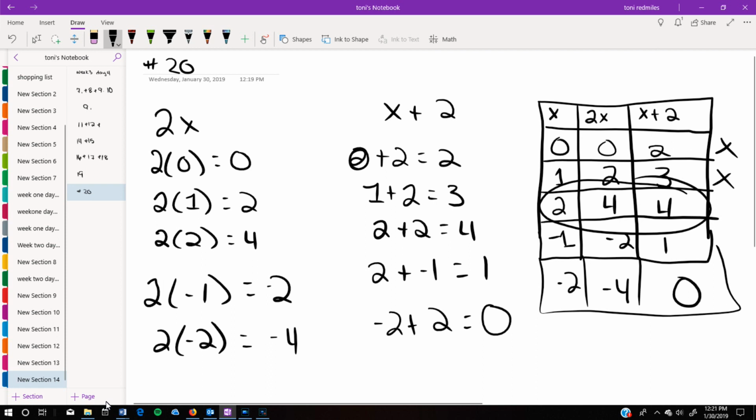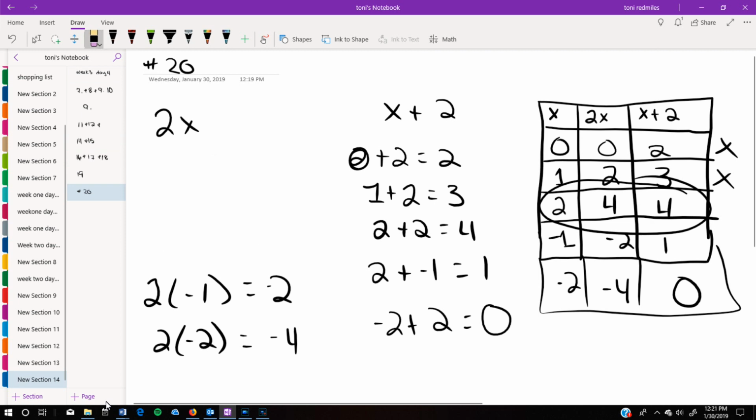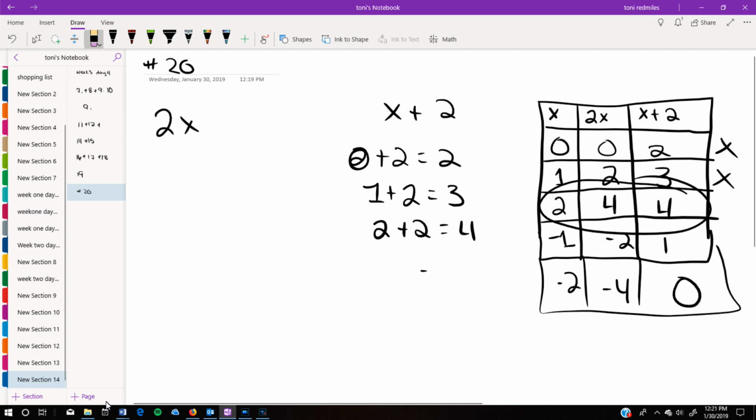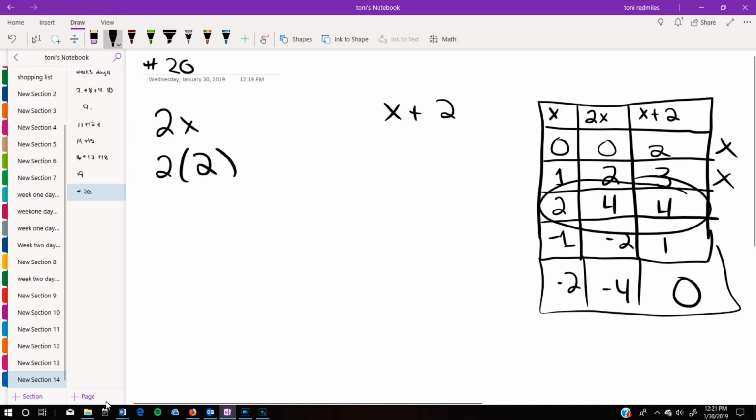So why is that so? Well, first thing is first, I've run out of room. So let me make some more room. Well, multiplication is just repetitive addition, okay? So when I say 2 times 2 and I say 2 plus 2, they are the same thing.